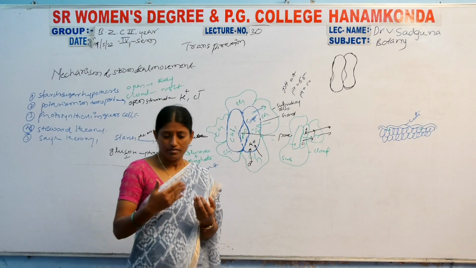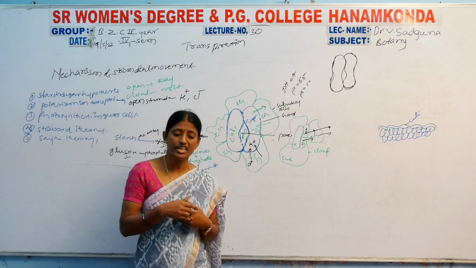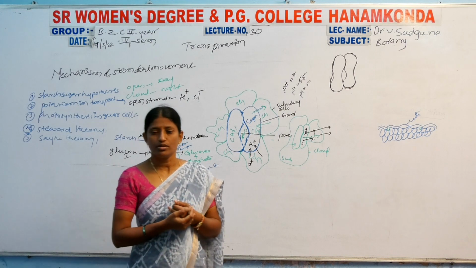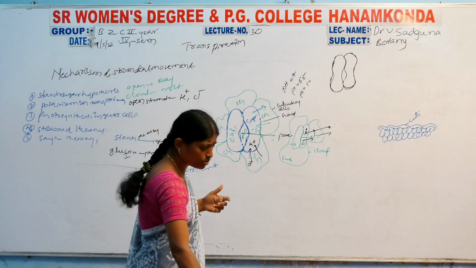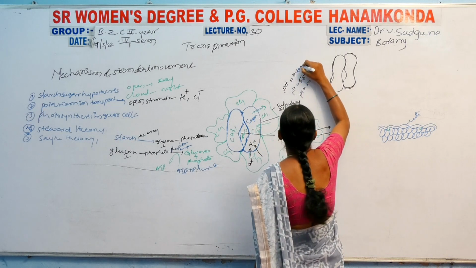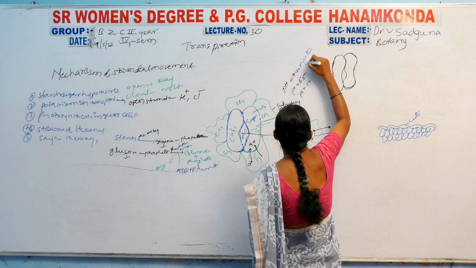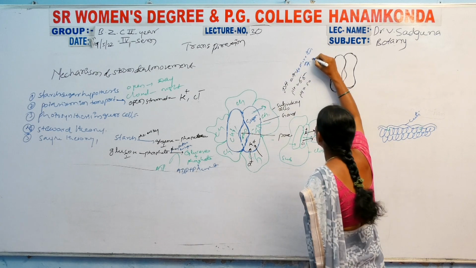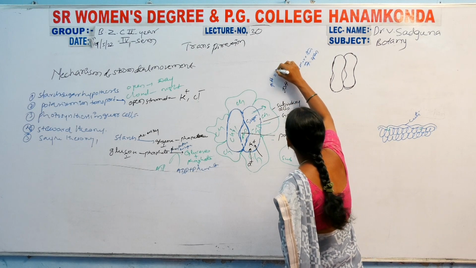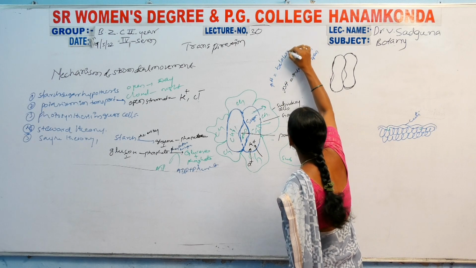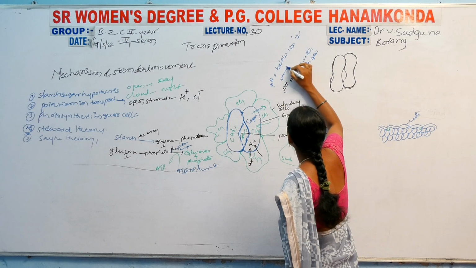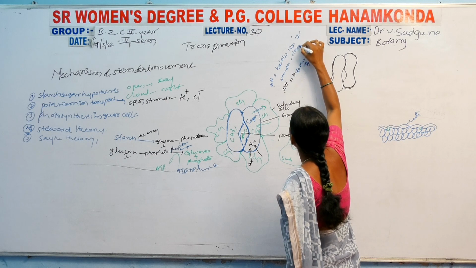Okay. Then in case the pH is less than 7, the stomata are closed. When the pH is more than 7, the stomata open. When the pH is below 7, the stomata are closed.